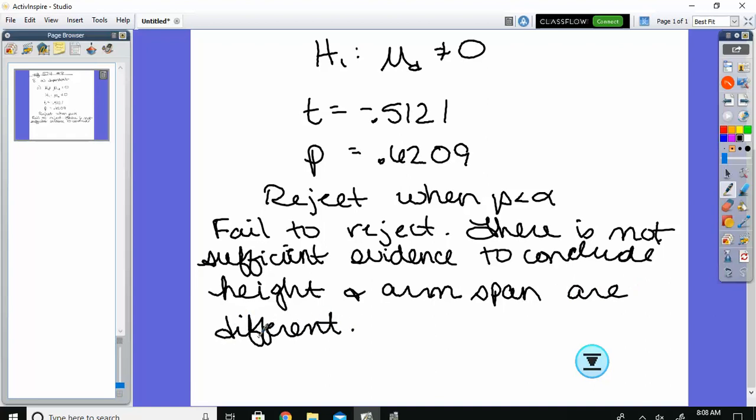Does that mean they are the same? No, I didn't prove that they were the same. I just failed to prove that they were different.